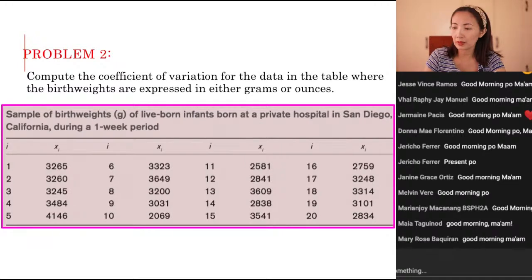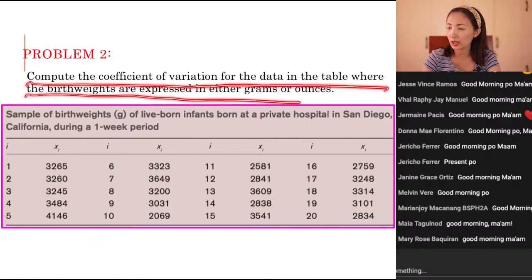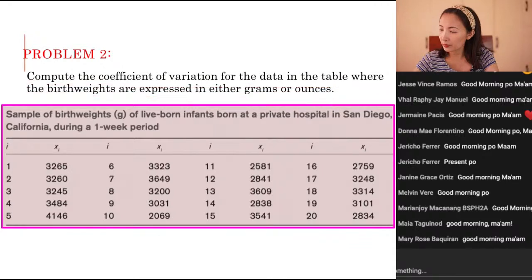What about problem number 2? Compute the coefficients of variation for the data in the table where the birth weights are expressed in either grams or ounces. Okay, how many observations are there?